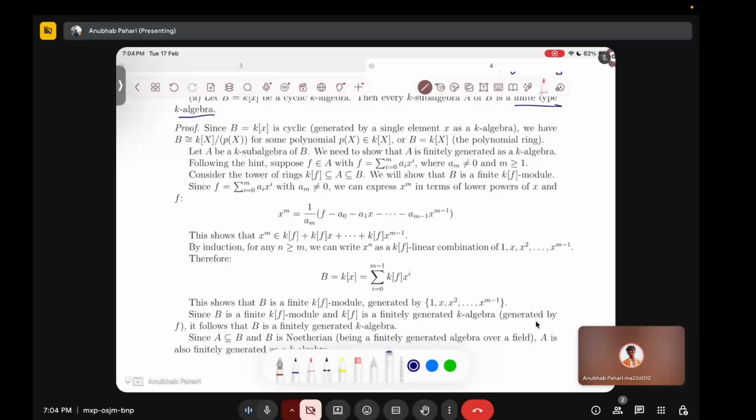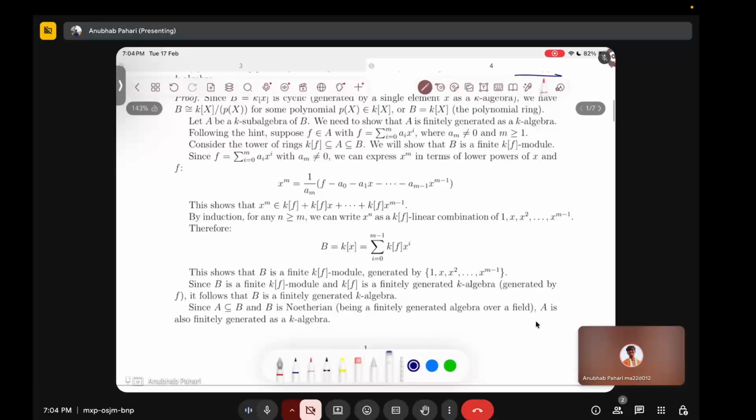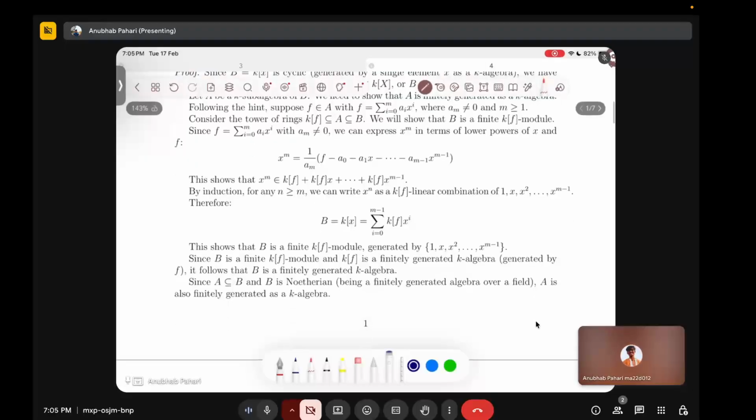Now, how can you do that? You simply take out a_m x^m here and write the negation term here, and then you take out your a_m here, and you get this expression, and this shows that x^m belongs to this subset of K[x].